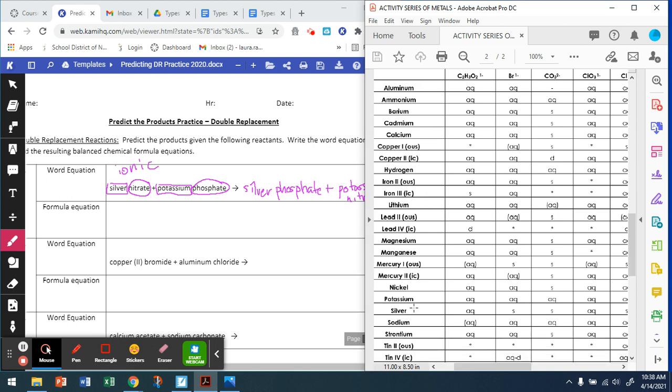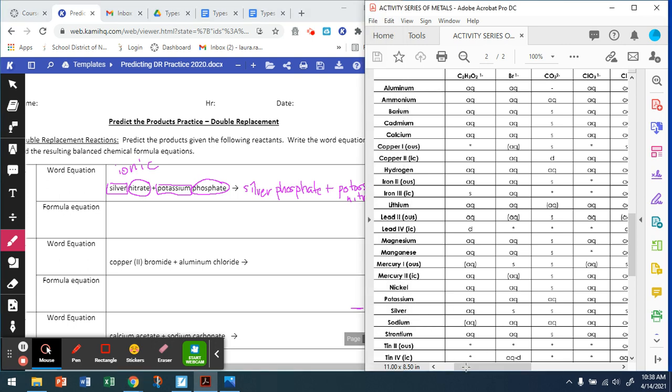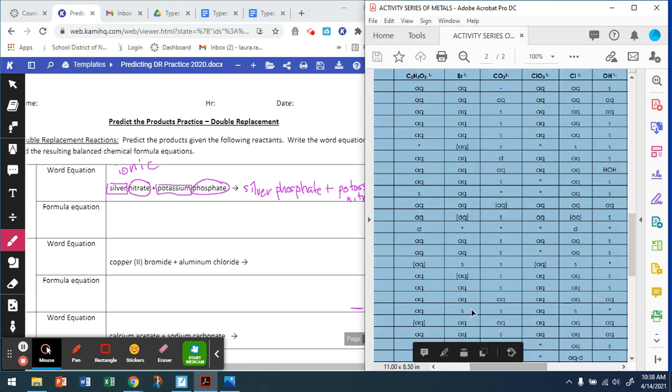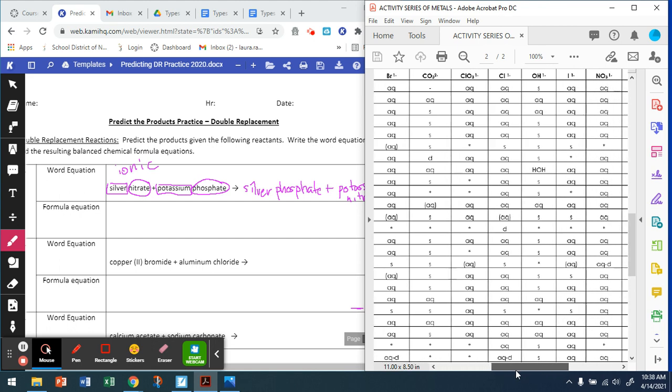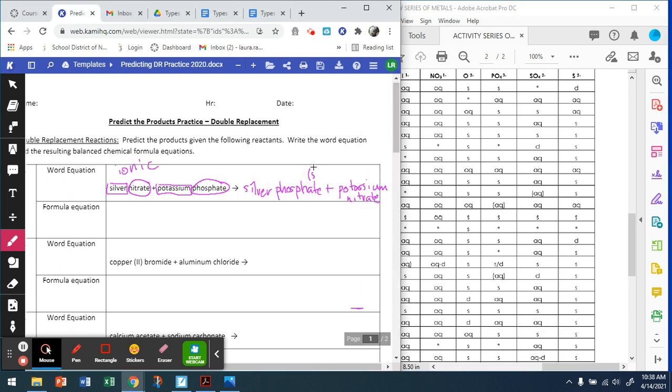So I'm going to find silver on my list, and it's right here. And we're going to look until we see phosphate. So I'm just going to put a little mark here and keep this lined up. That mark is where we need to look until we see phosphate. Okay, it's pretty far to the end. So here's my phosphate, PO4, and it looks like it's a solid. So since the silver phosphate creates a solid, this reaction will happen.